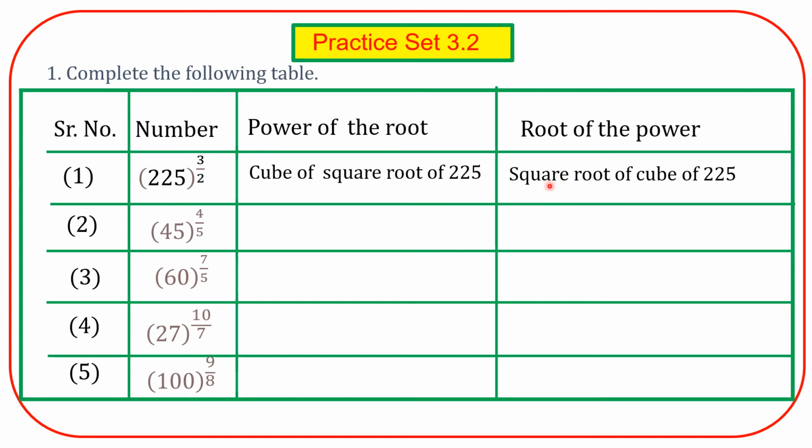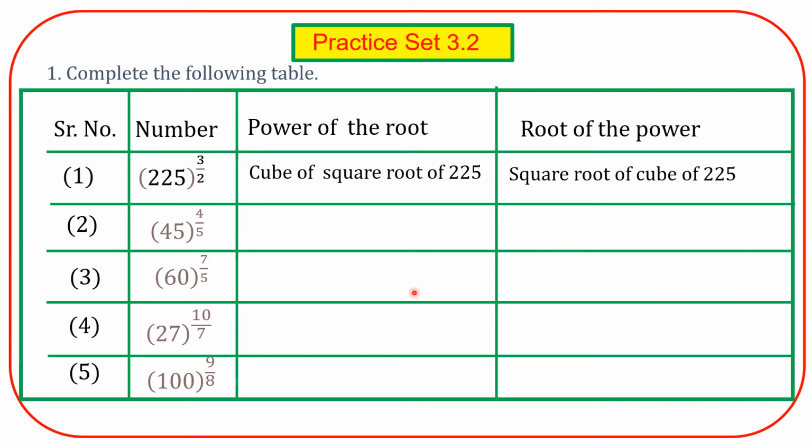Here we first write the root. The root of 225, that is square root, because there is 2 in the denominator. Square root of the numerator 3 in the index, numerator is 3, therefore square root of the cube of which number? 225. Here we write.